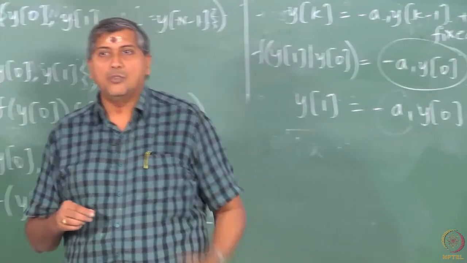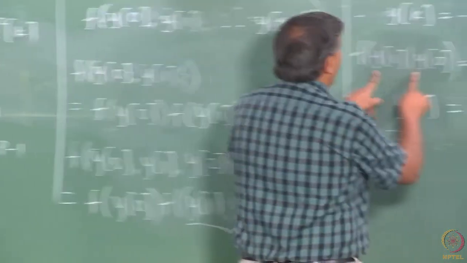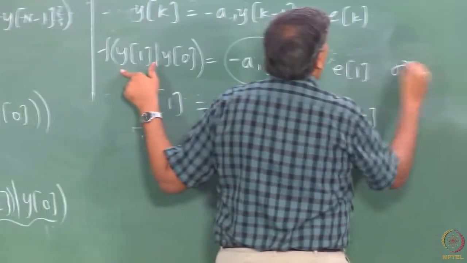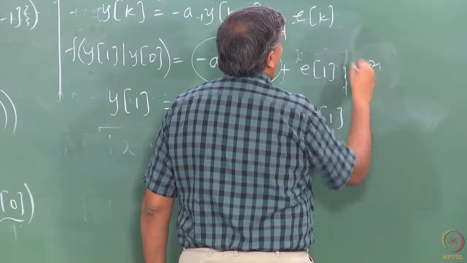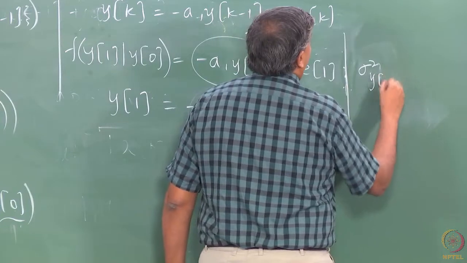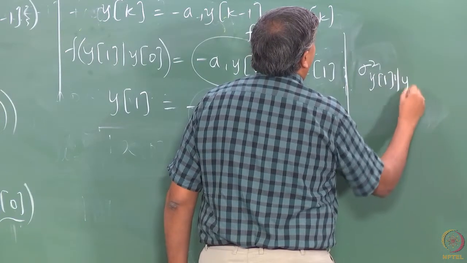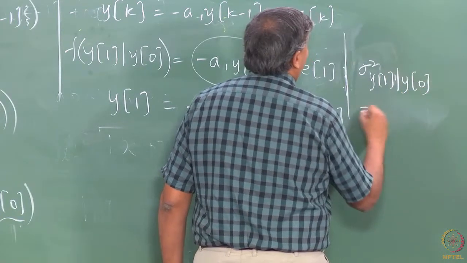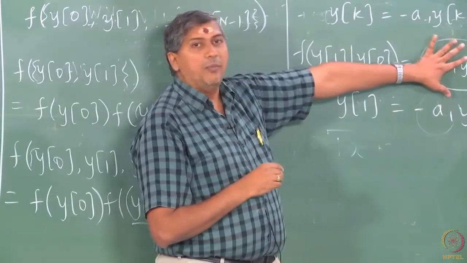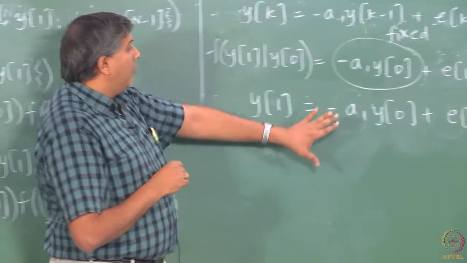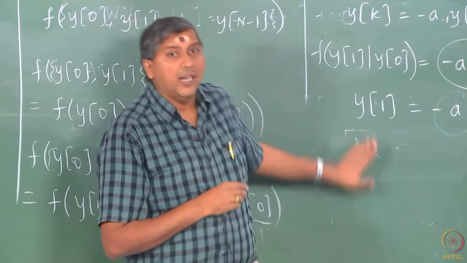So, if I were to ask you the variance of this conditioned y1, what would be your answer? That would be simply sigma square e, because this is only causing a mean shift. On the other hand, what is the variance of the unconditional y1?